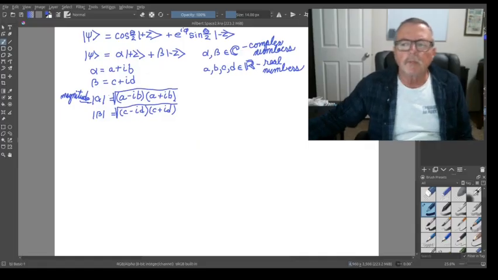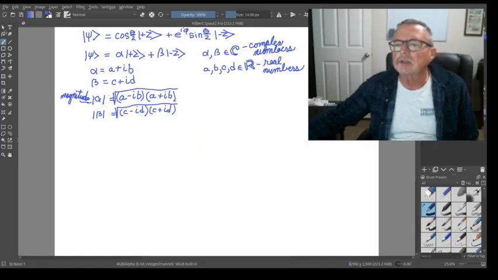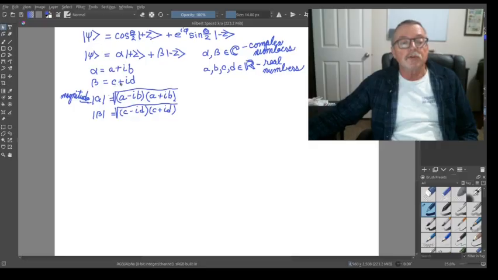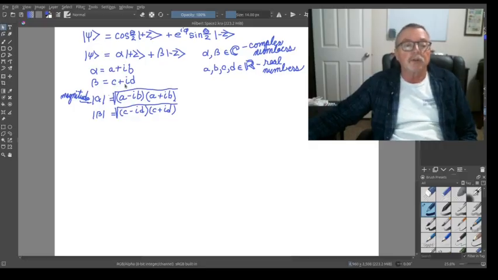If you don't remember what a complex number is, let's look at it this way. Alpha is a real number plus i. What's i? i is defined as something that when you square it, you get -1. Here's another real number. Here's a real number, and here's an i times a real number. Now, those are both complex values.